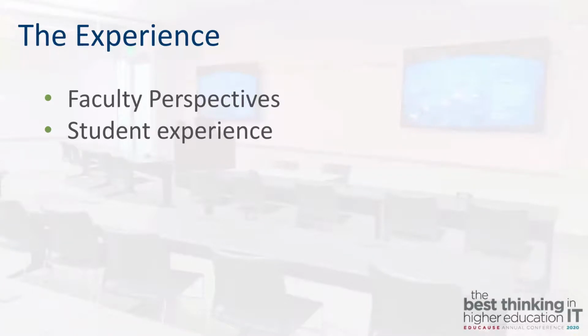And I tried as much as possible to create interaction between the students physically present and the remote students. So in general discussion, I would proactively call on people in the room, call on people remotely.